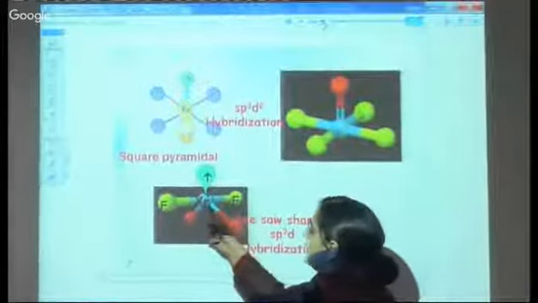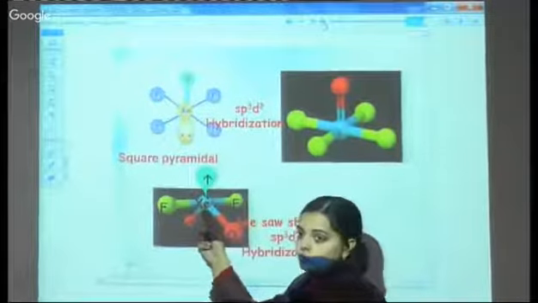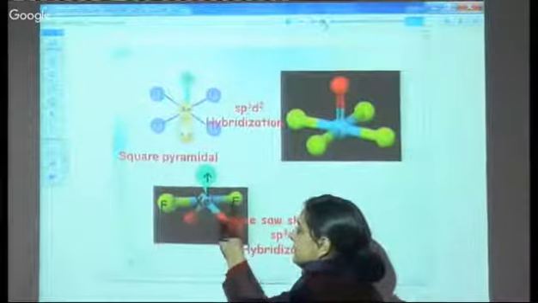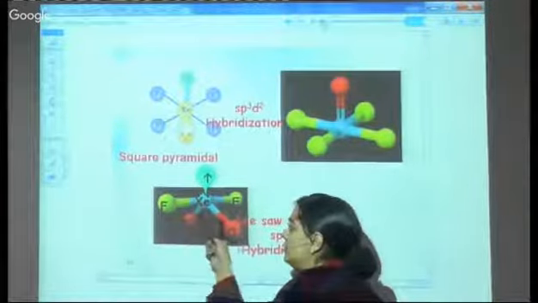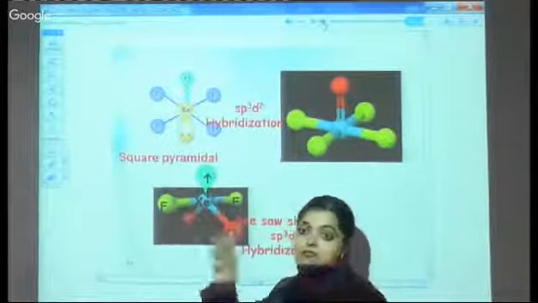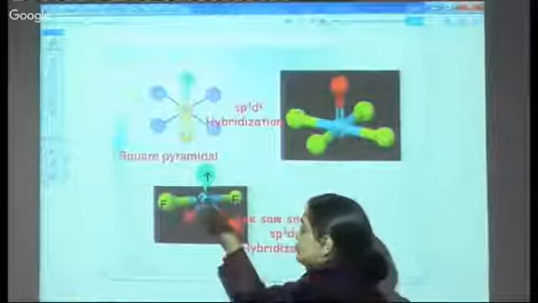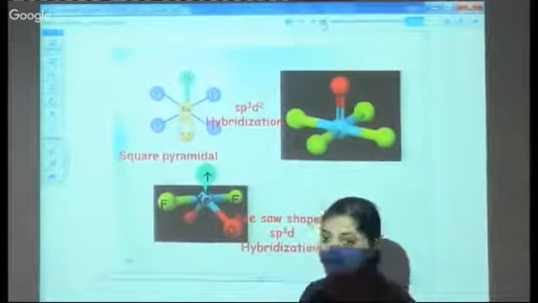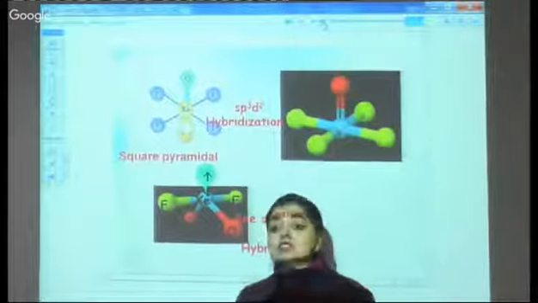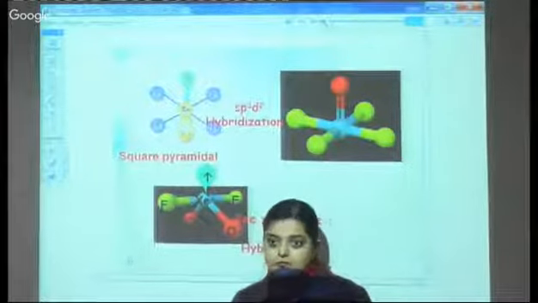What happens with XeF2O? 2 F and oxygen. Oxygen requires 2 each of them. 1, 2, 3, 4, 5 and 6. 1 lone pair is again left. So the lone pair comes up above, and this is a kind of seesaw shape. It is not tetrahedral. It is a seesaw shape. Right? Next slide, please.